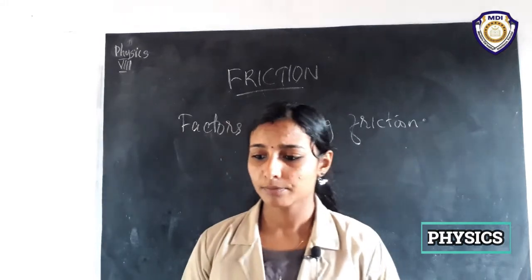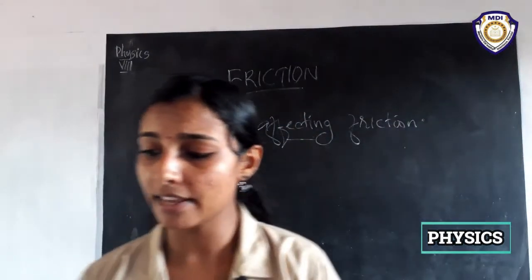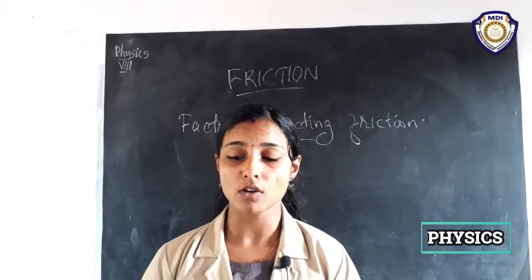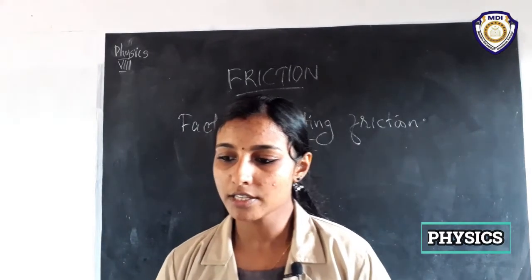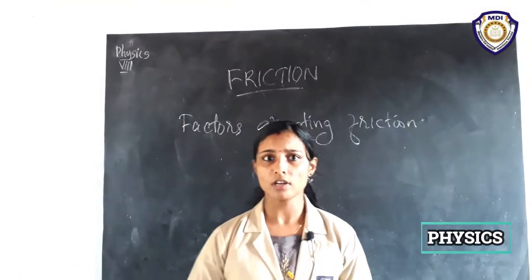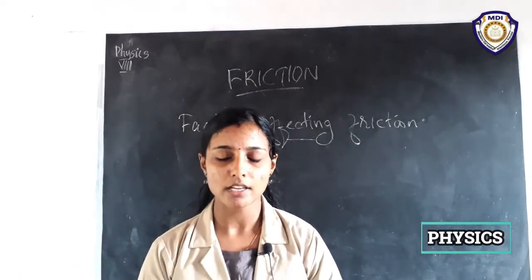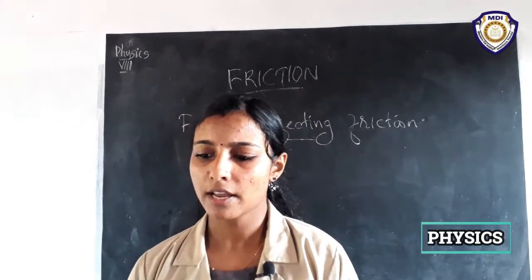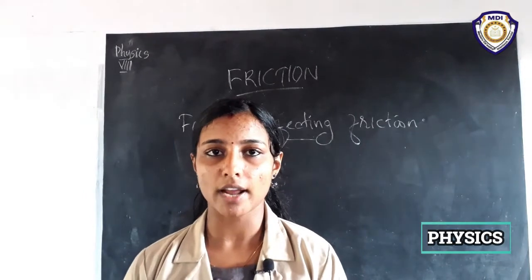It is given here. A spring balance is a device used for measuring the force acting on an object. It consists of a coiled spring. You can see the photo is also given here. So by using a spring balance we can measure the force acting on an object.